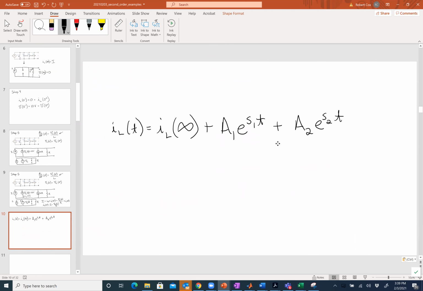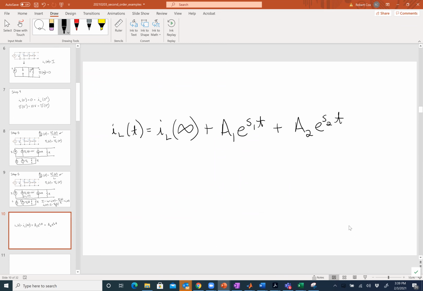I now have numbers: IL of 0 is equal to 0 amps, and dIL/dt right after I move the switch is some number. Again, I can go into Matlab and get that number, but I've got it now.